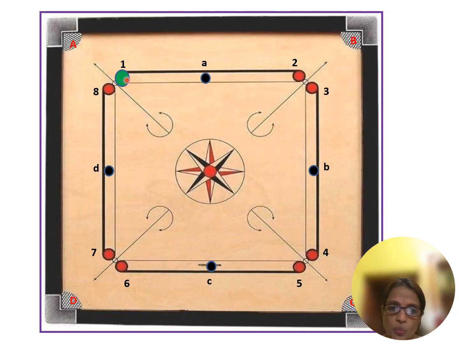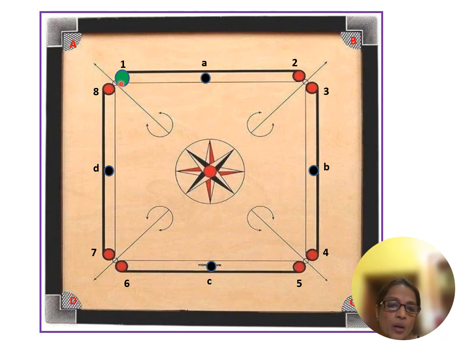So you keep the position of the striker at 1 and you have to push the pawn to B. So the angle formed between the striker and the pawn that is hit, and then the pawn to the pouch is an acute angle. So let us see. See, can you hit it like this? D to B, it is not possible.